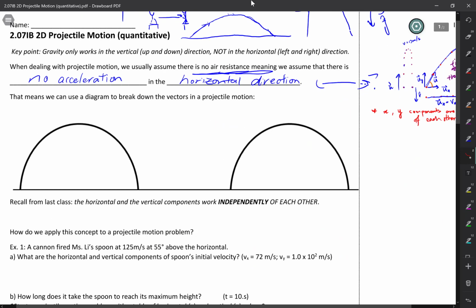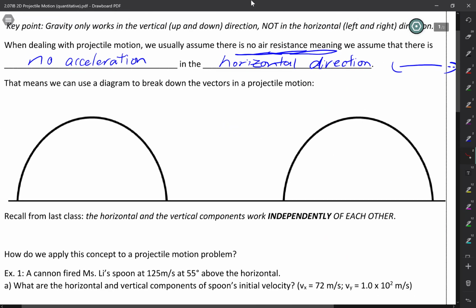So let's summarize this with a little bit of drawings here. If I took all of these points and I broke them up into certain pieces, and let's say I wanted to draw the velocity components, the x and the y components, at every point on this projectile, we've just seen how the horizontal component doesn't change.